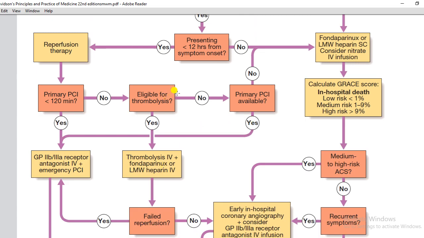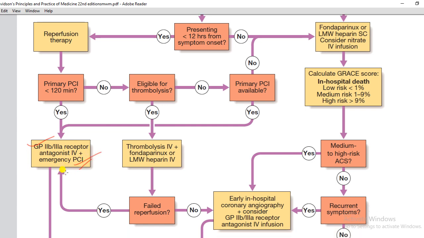If they are not eligible for this either, they should again be considered for primary percutaneous intervention when available. Then they will go to the GP2B3A receptor antagonist and emergency percutaneous intervention.